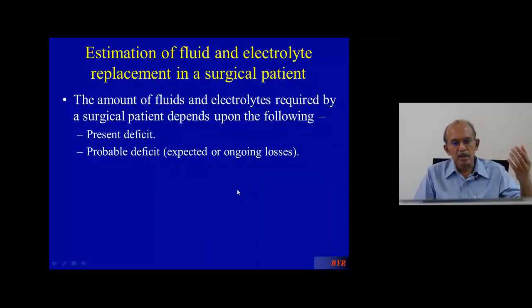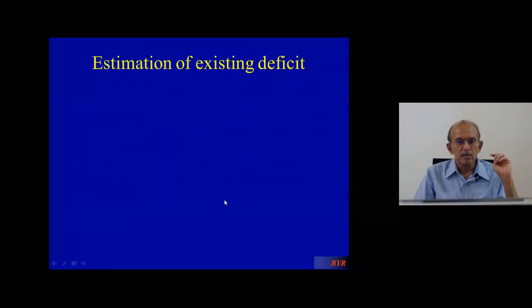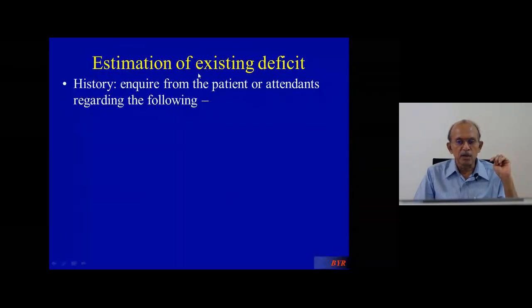So depending upon the amount of losses that happen, you have to replace. That is ongoing losses. Then daily maintenance requirement must be provided. So whatever the daily maintenance is, that has to be given to the patient. So first of all, estimation of existing deficits. How do you come to the conclusion how much the patient has lost? By history.